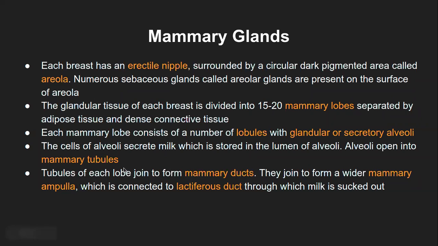So do not get confused that these are running parallel; within the whole compartment of the breast itself, there are several of these tube-like structures called tubules, and they join to form mammary ducts. Mammary ducts further join to form the mammary ampulla, connected to the lactiferous duct, which is the outermost opening through the nipple, through which the milk is sucked out.